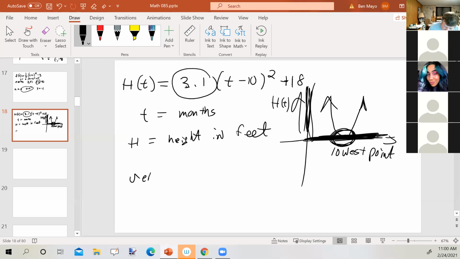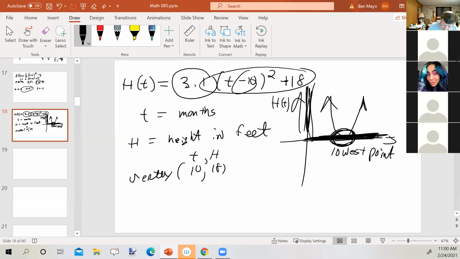Well, the vertex is at what? 10, 18. Do you see how I got that from this equation? Yeah. So this is t, this is h. t is the 10th month. Let's see, that's October. h is the height in feet.